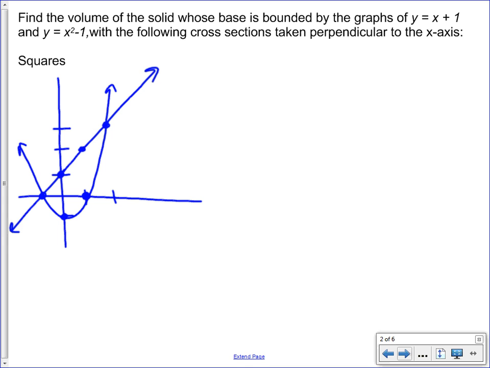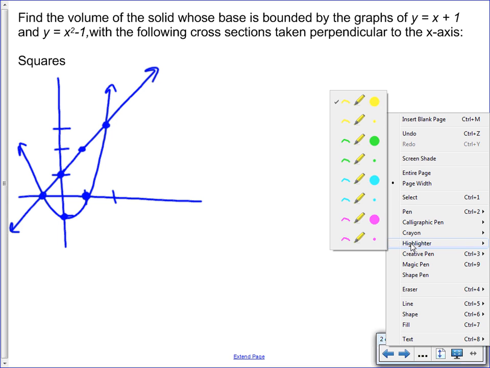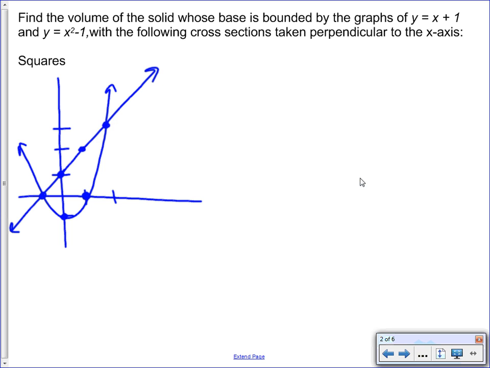So that's what we have. Okay. So I am concerned with this region in here.